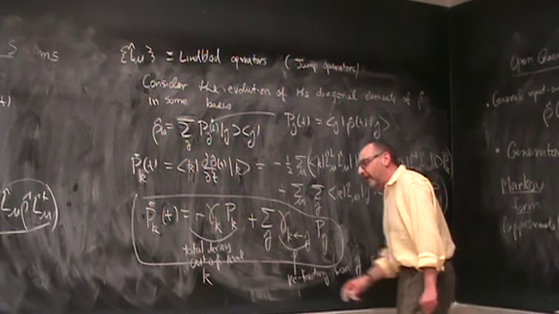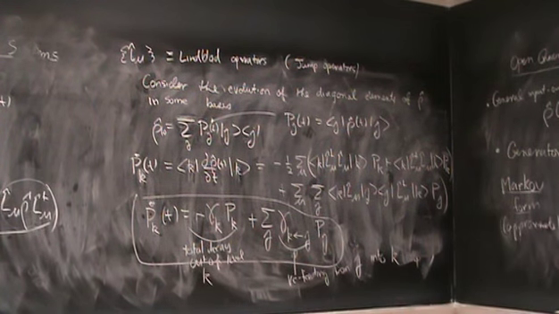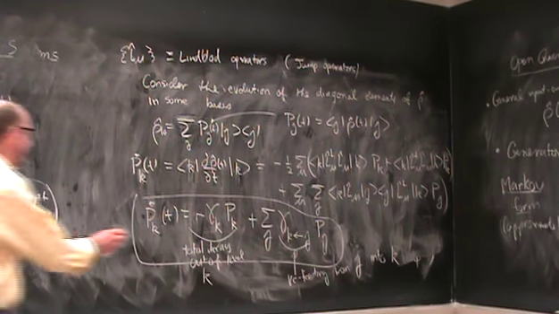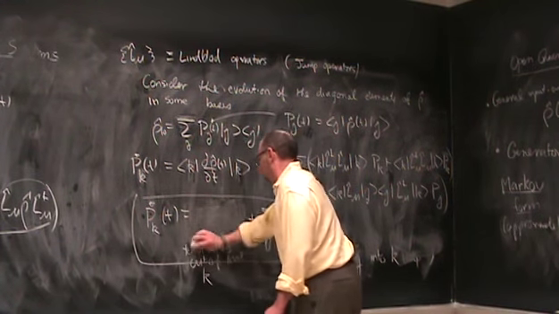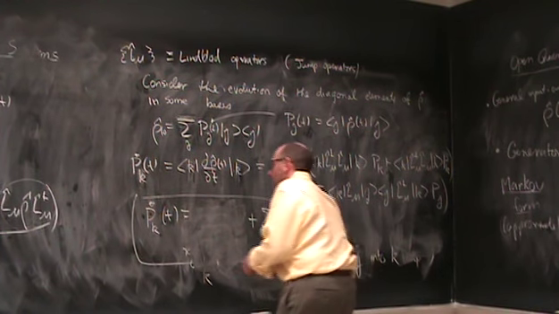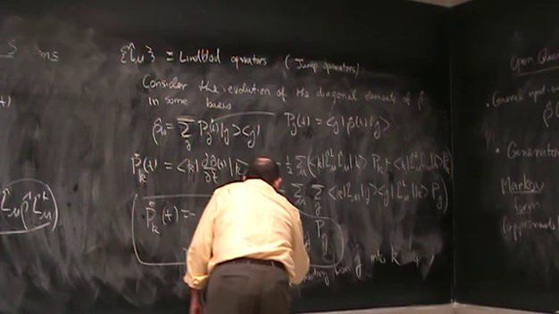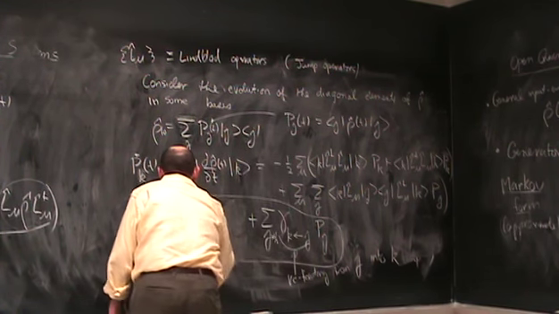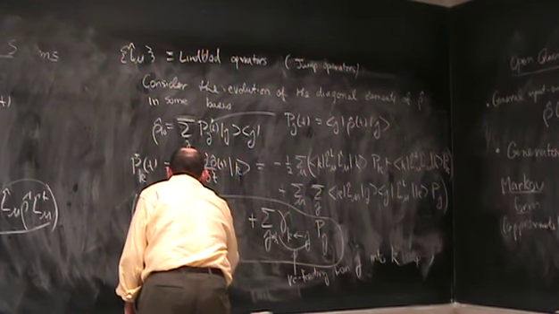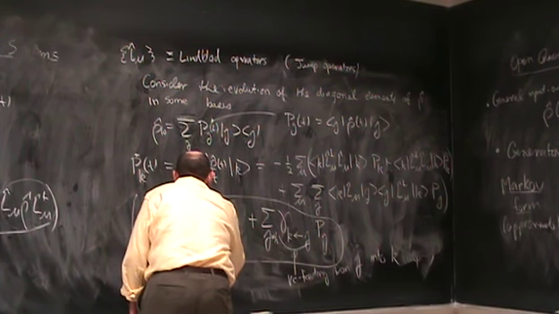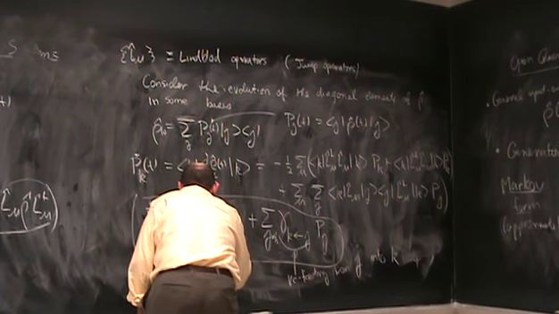So I can also rewrite this as minus, now J not equal to K. I could keep this total sum there, but it's not relevant because those terms cancel.